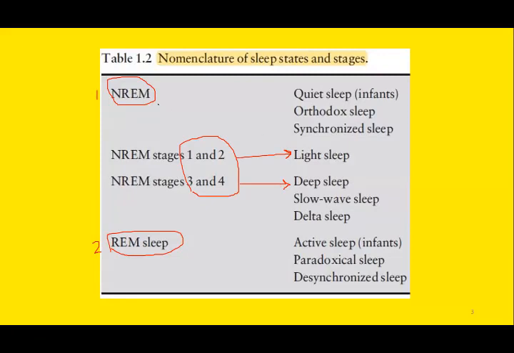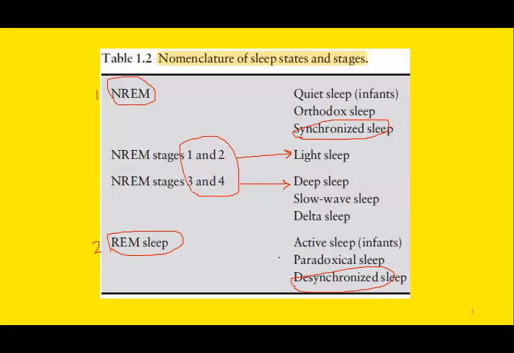In non-rapid eye movement stage, the EEG pattern is synchronized. So the brain waves are in harmony, in a synchronized pattern. That is why we can call it synchronized sleep. REM sleep, on the other hand, is known as desynchronized sleep because the EEG pattern is asynchronous.